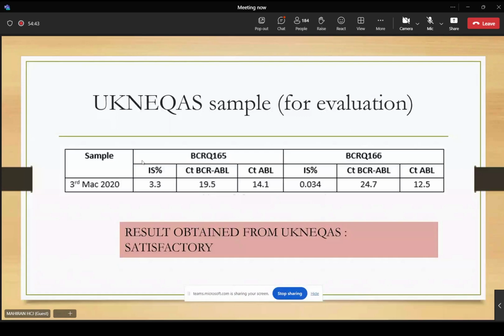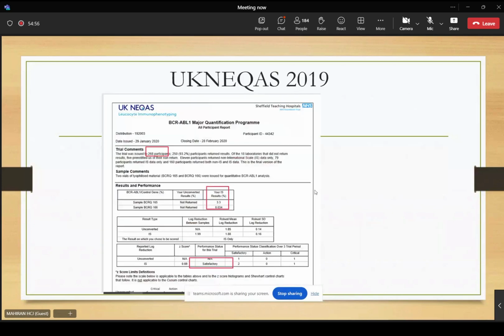So untuk first sample 3.3, second sample 0.034% IS. So result obtained from eukenika satisfactory. Okay, so dekat sini kita boleh lihat lah untuk result eukenika 3.3 dengan 0.034 and IS value dia satisfactory.